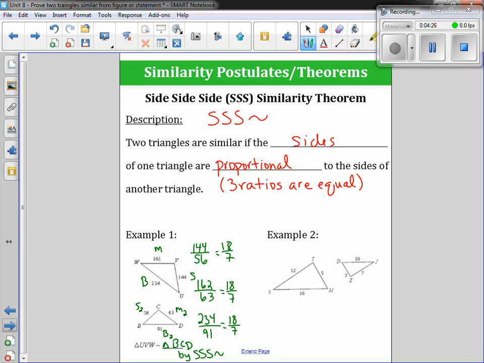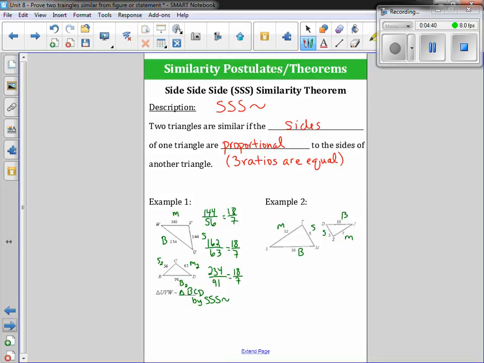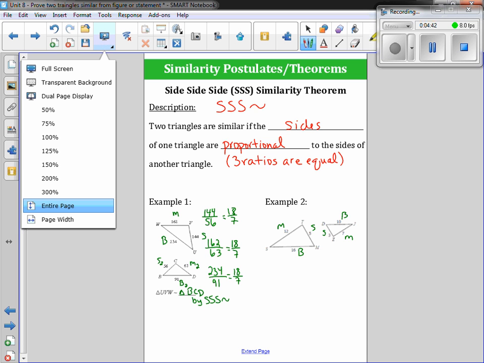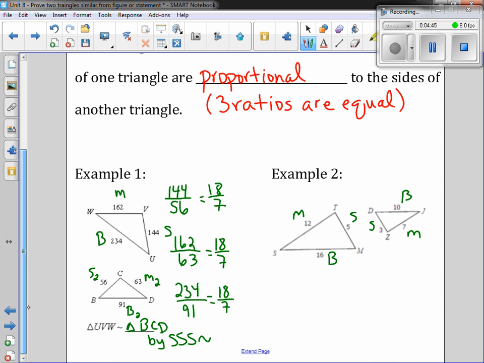In example 2, we're going to do the same thing. So let's label our sides small, medium, big. So we want to compare. Let me make this a little bit bigger. There we go.